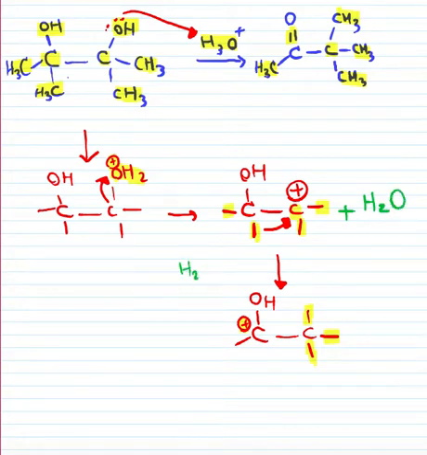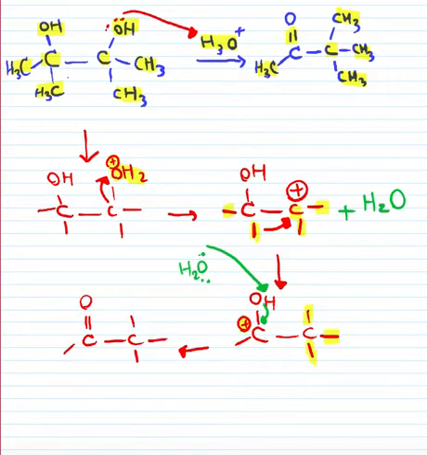So the conjugate base is now going to grab that hydrogen, and we're going to break that bond to make this double bond or the ketone. And that carbon is no longer going to be positively charged, and this would be our product. So again, just by relying on the fundamentals, you could easily come up with the reaction mechanism.